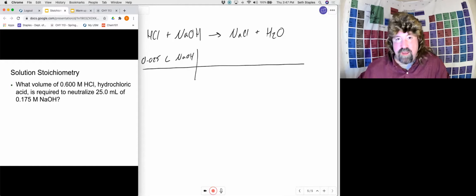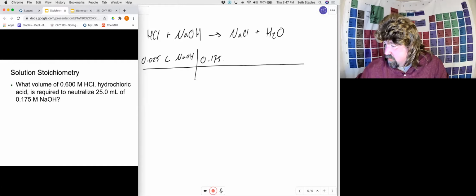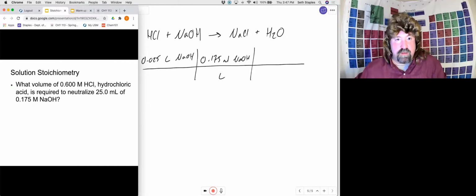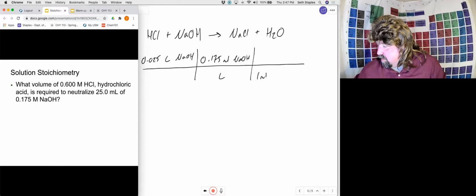And so that's liters of NaOH. Then I'm going to use my molarity, 0.175 moles of NaOH per liter. I have a one-to-one relationship here, so 1 mole of NaOH to 1 mole of HCl.